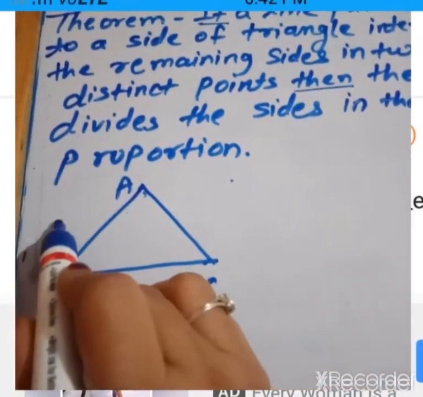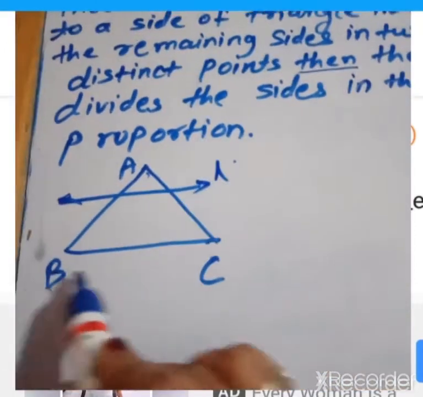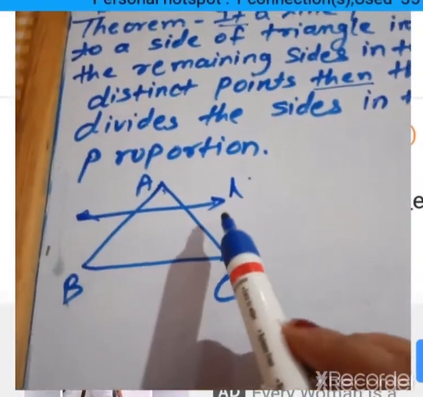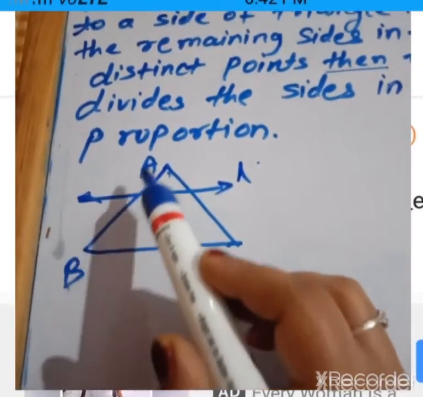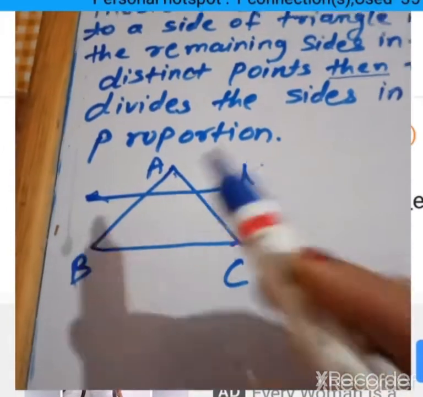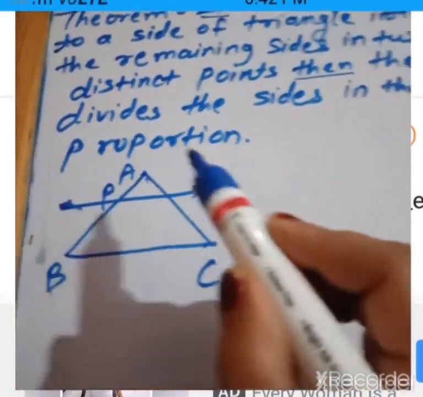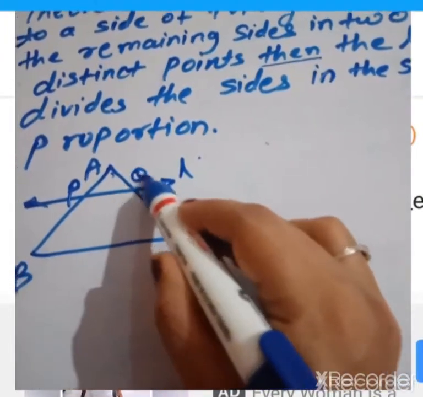We take the line L parallel to side BC, and that line intersects the remaining sides of this triangle, AB and AC. The line intersects side AB at point P, and side AC at point Q.